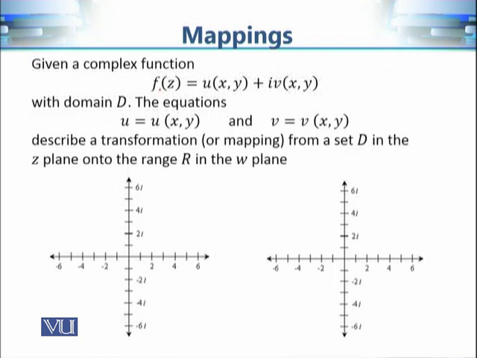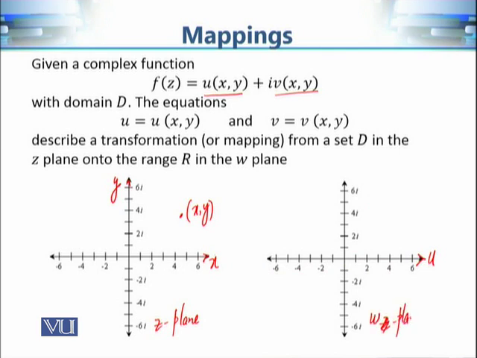We know that a function can be written as u of x y plus iota v of x y, where u and v are real valued functions. In this case, the domain plane, the z plane, has two axes, the x-axis and y-axis. We apply u to a point of this z plane and get one real number, and we plot it against the horizontal axis in the w plane.